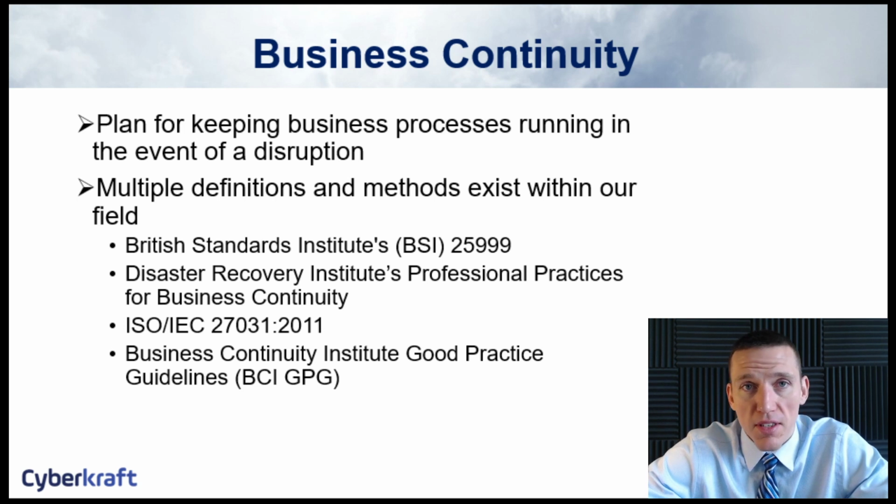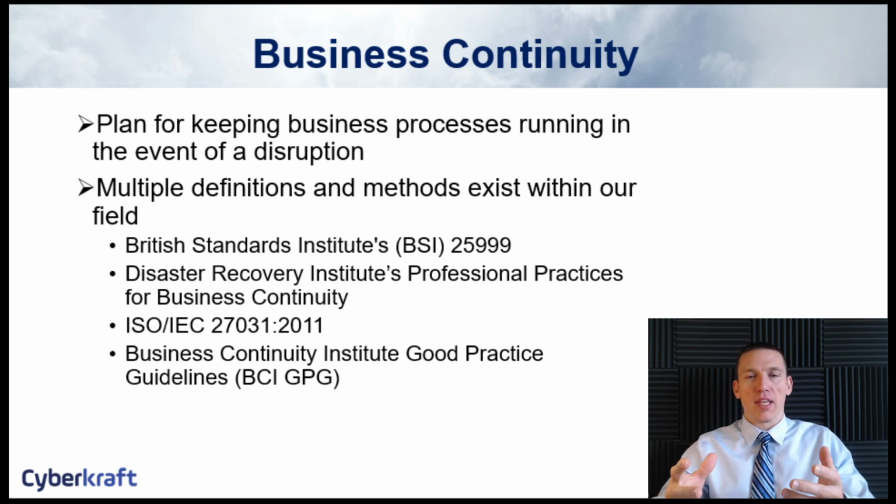There's multiple methods and different definitions for what constitutes business continuity. There's different standards. You have ISO/IEC 27031. That's one standard that's out there. NIST, the U.S. government's National Institute of Standards and Technology, has its own set of continuity publications.